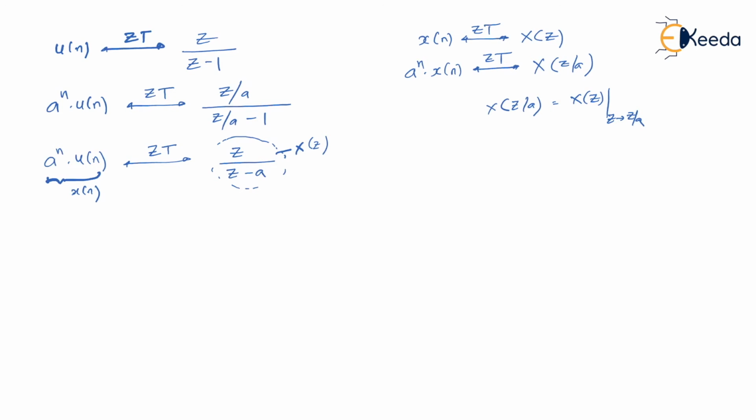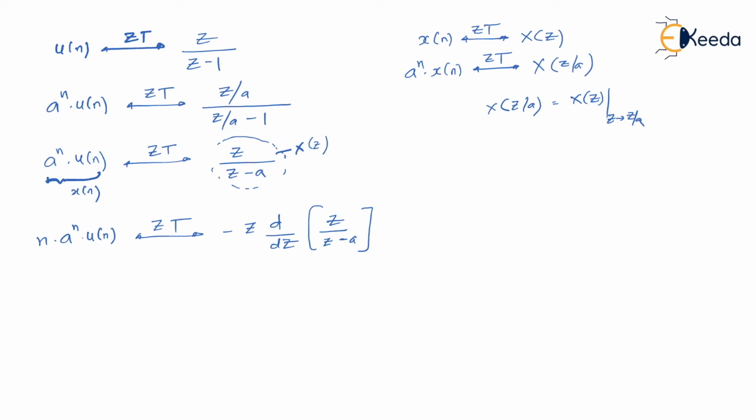And to the existing x of n, I'm going to multiply the independent variable, that is n. It means now n times a to the power n u of n will have its z transform as minus z d by dz of x of z. And what is x of z? It is z upon z minus a. Am I right?